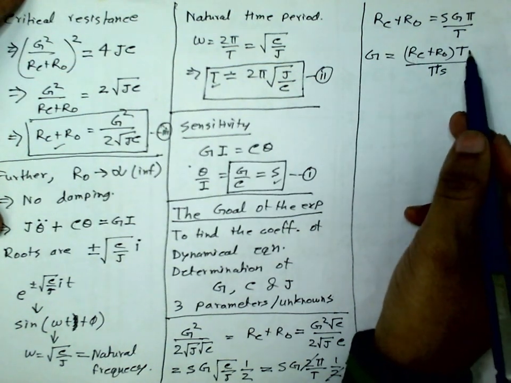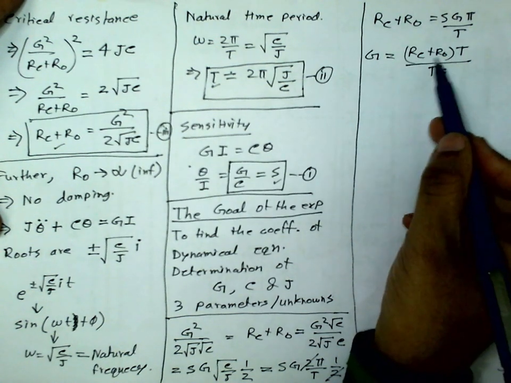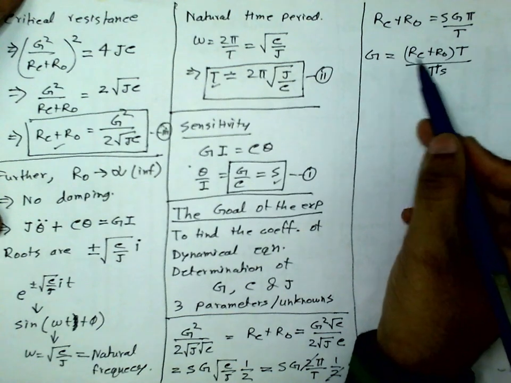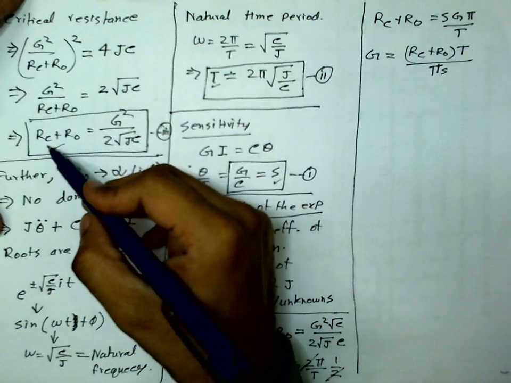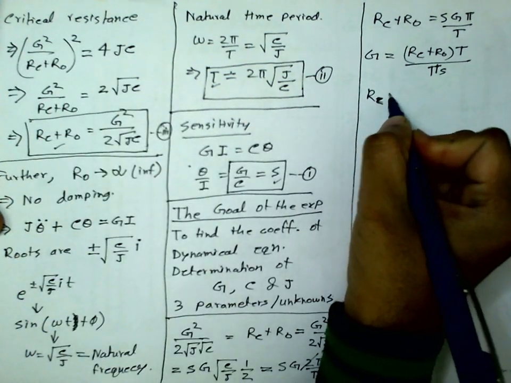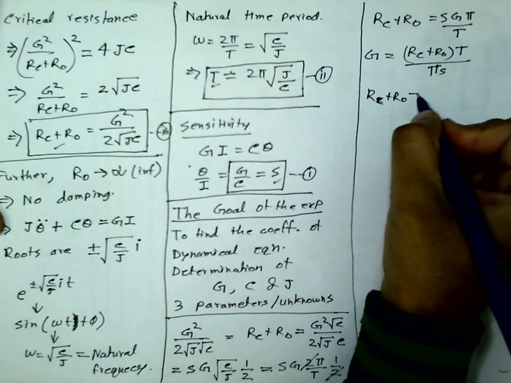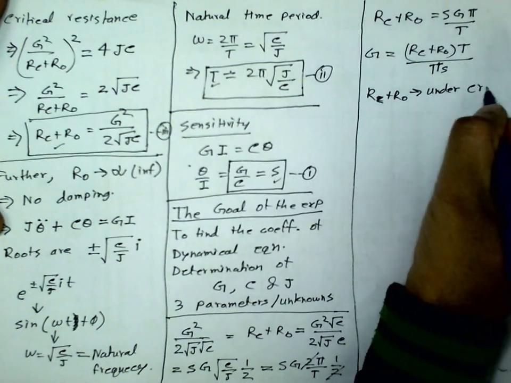We'll measure all these things. This time period is measurable, sensitivity S is measurable, this resistance is always measurable. This is the resistance under critical damping. So RC plus RO is under critical damping.